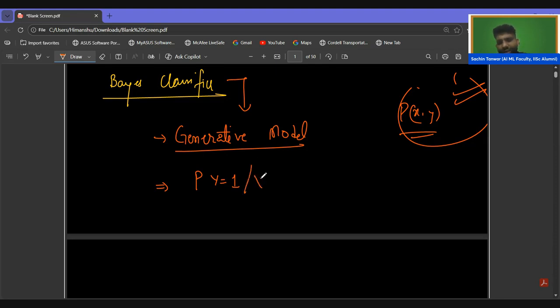So given your x is equal to, let's suppose this is the data point I have gotten, something like this. So I would like to find out, and in general, what we actually do in a classifier is x is given to us. That means features are given. I would like to classify it as 1 or 0, for a binary classification problem. So I'd like to find out whether it should be y equals 1 or 0.